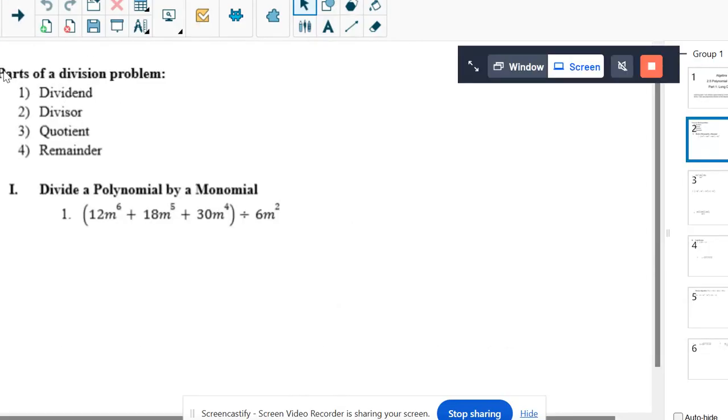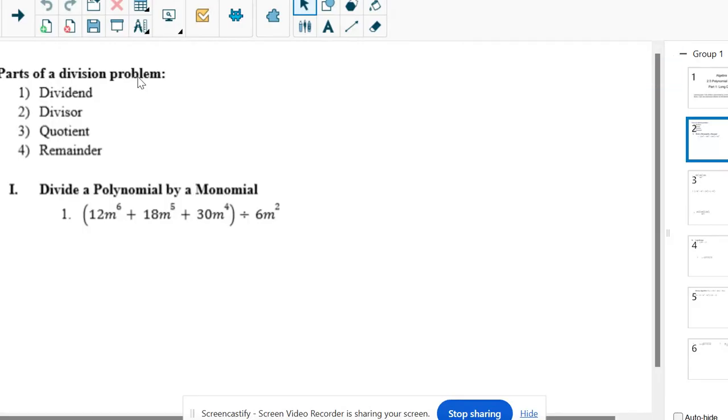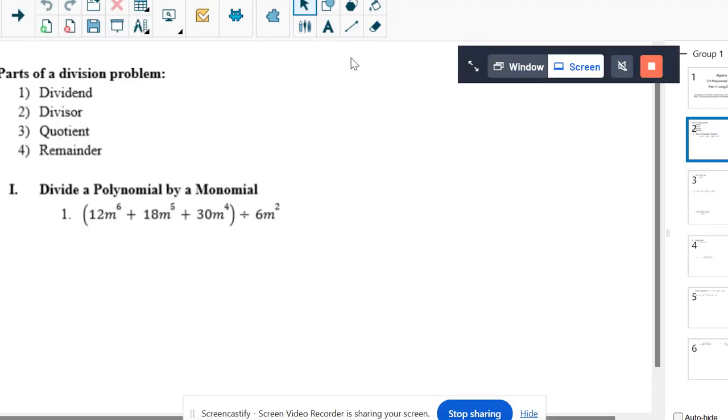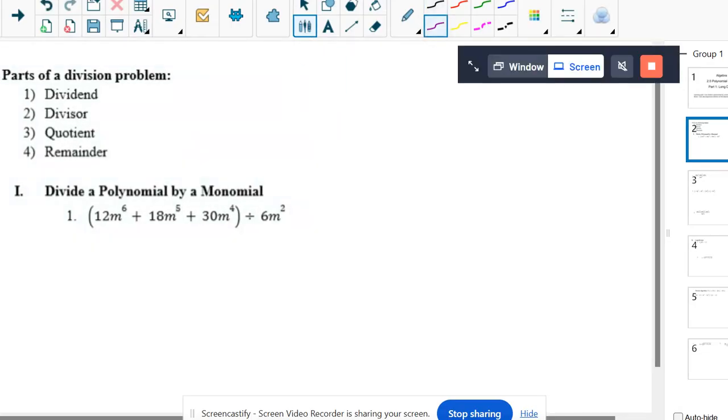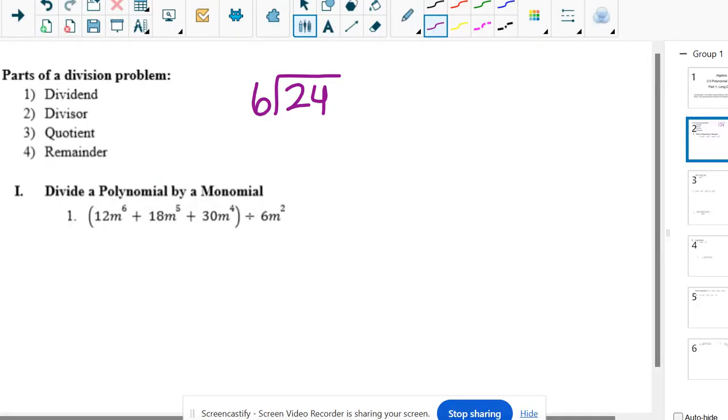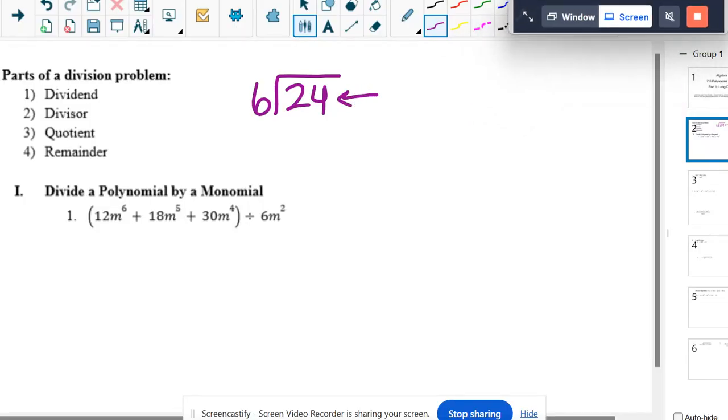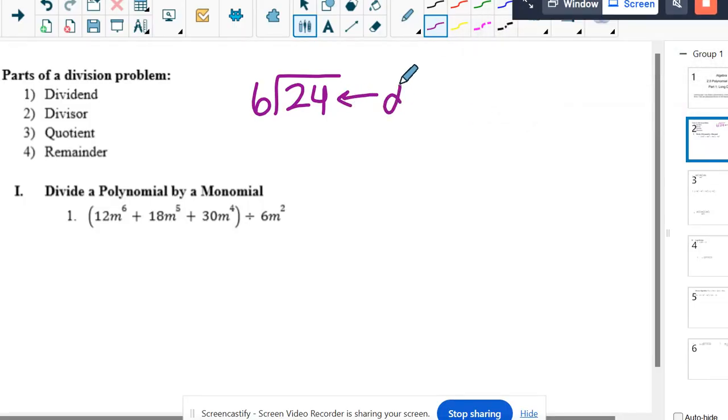So remember, there are different parts of a division problem. I'm just going to have a very basic division problem example for you. Let's say we have 24 divided by 6. The 24 is called the dividend.